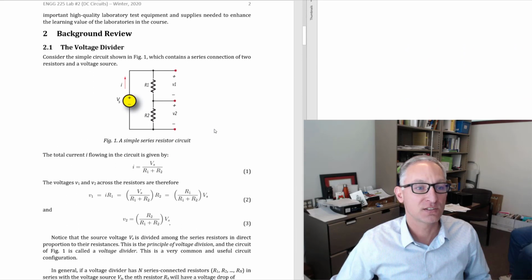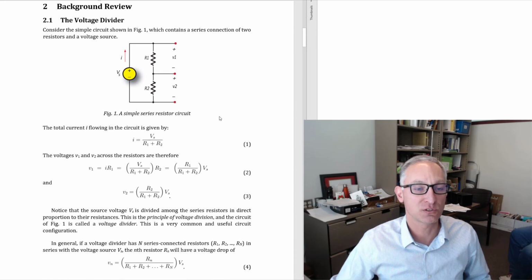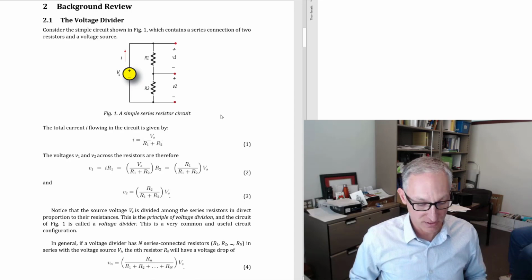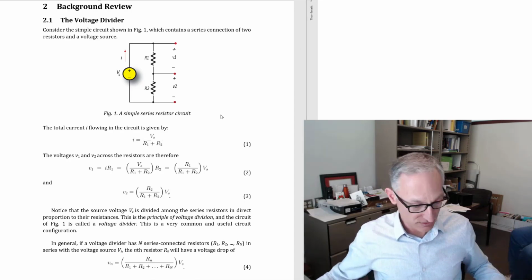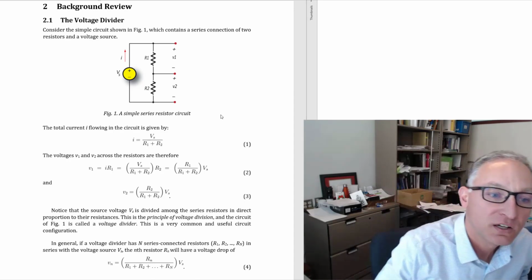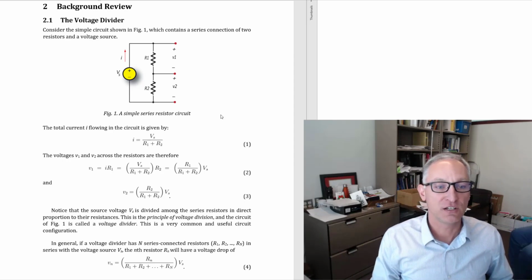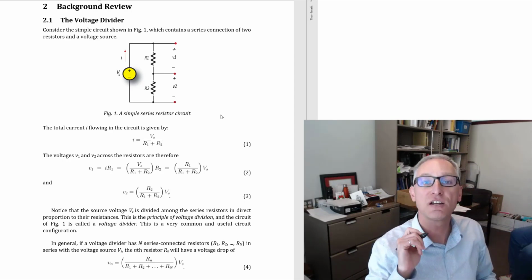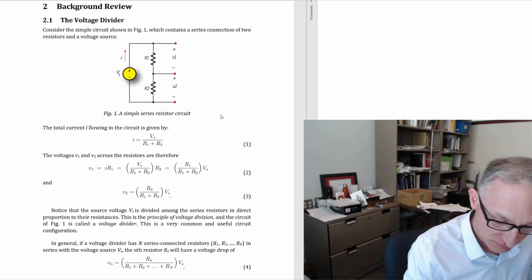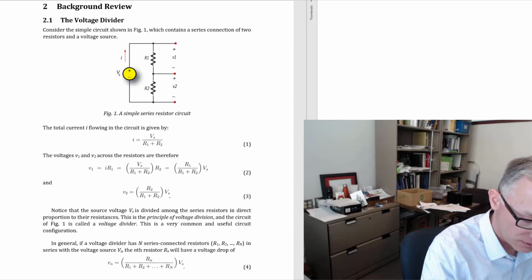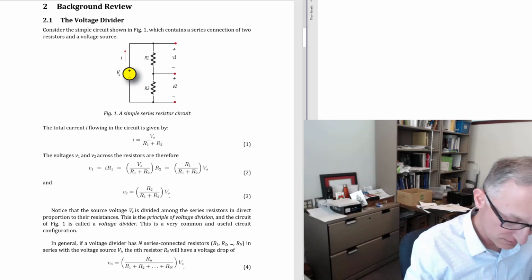So there is some background review, talking a little bit about the theory of the circuits, and we see in the figure the voltage divider circuit, and we know from lecture that we have these relationships.